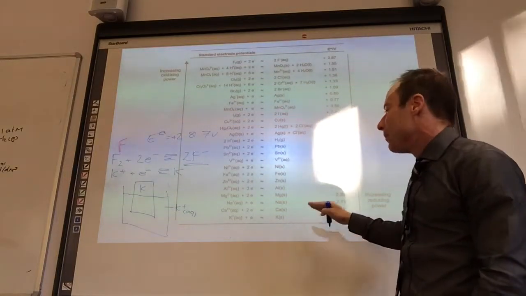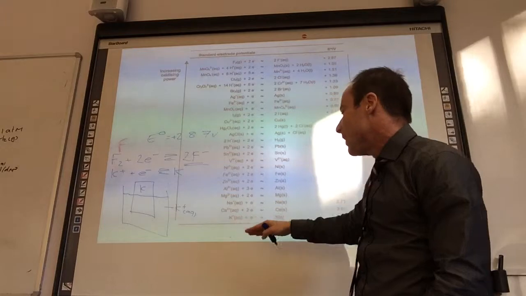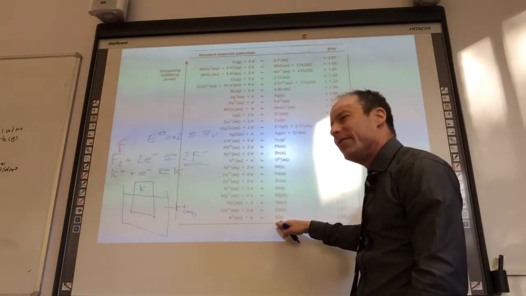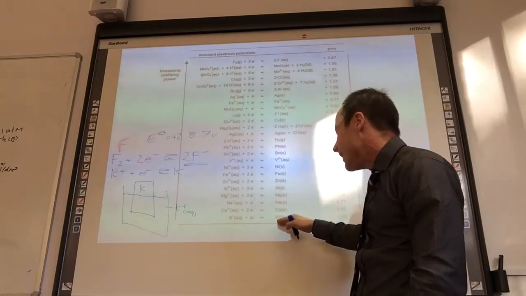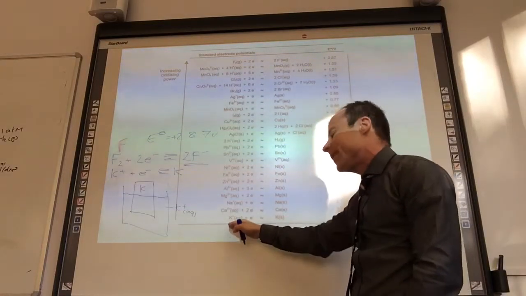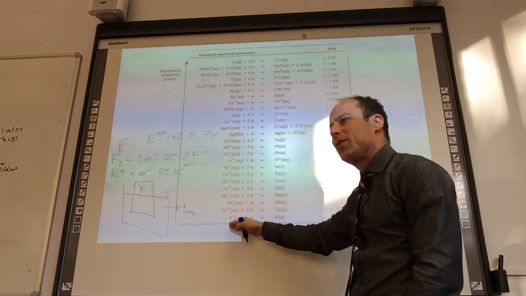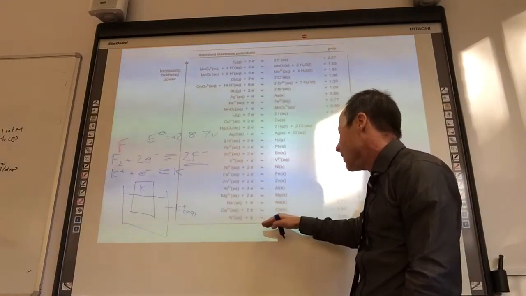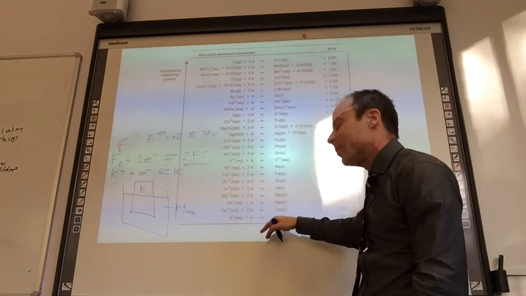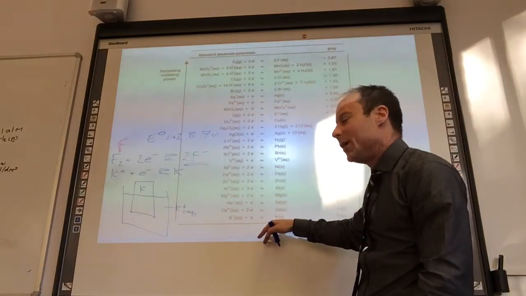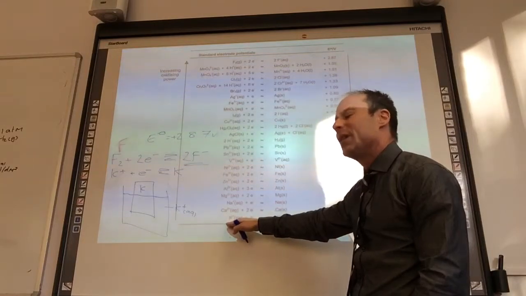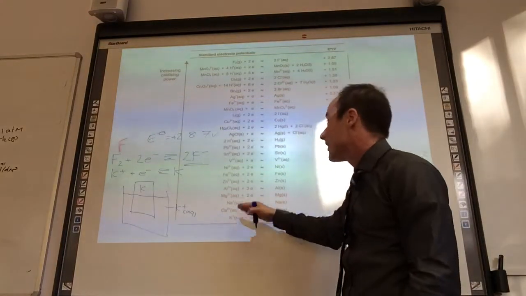Chemically you know that potassium metal is extremely reactive. If I had a lump of potassium metal, it would shift to give me potassium ions pretty sharpish. Potassium would rather be K plus than potassium metal. So that's telling me the equilibrium is shifted towards the left-hand side. Very reactive. It would much rather be that side.